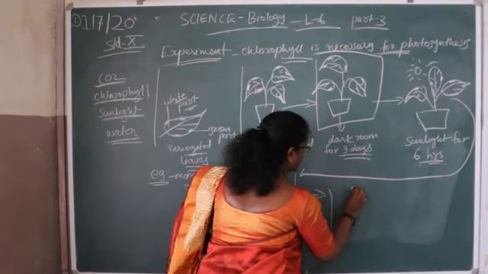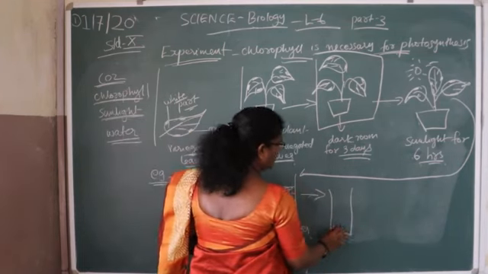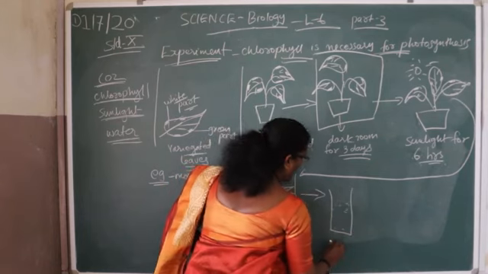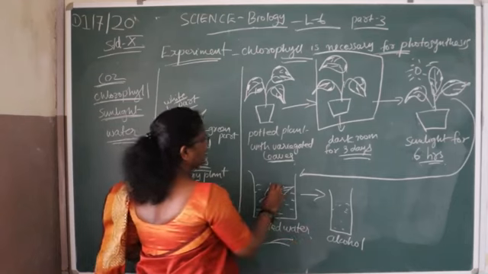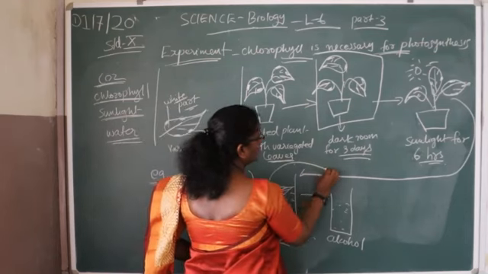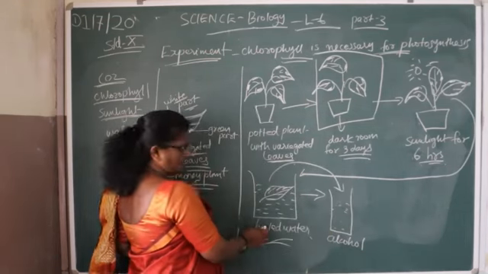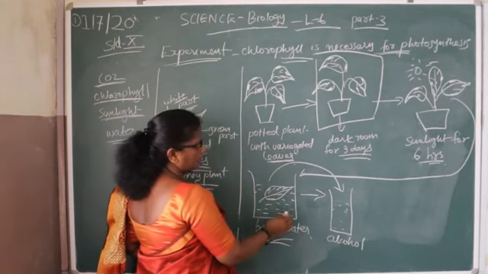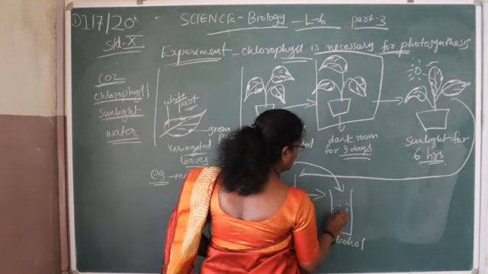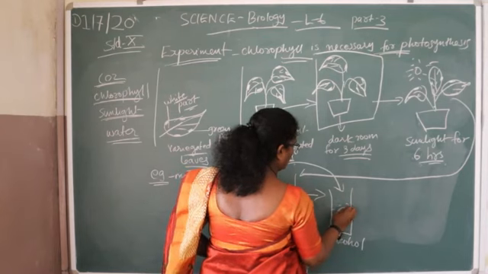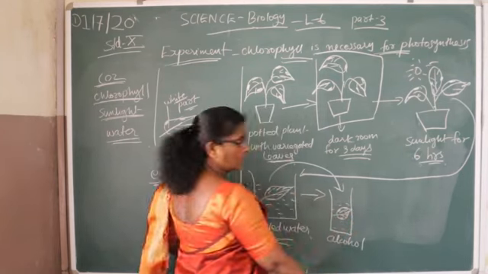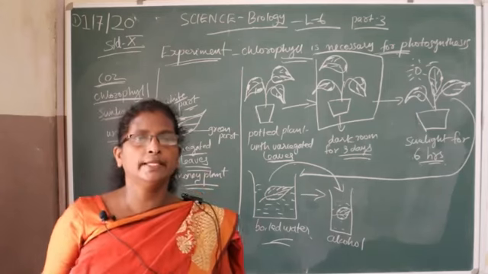Students, the beaker contains alcohol. Then take the leaf out of the boiled water and put it into the alcohol containing beaker.